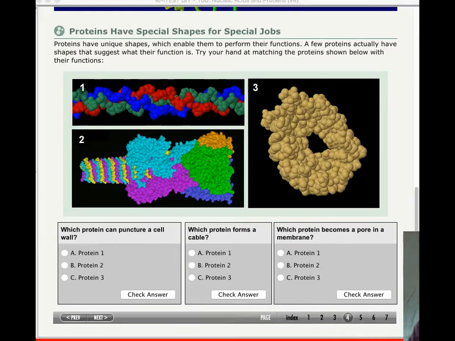So let's look over here. We're supposed to figure out which protein can puncture a cell. Which one kind of looks like it might be designed to stab something? Which one forms a cable? Which one's kind of long and ropey? We know how cellulose is a long molecule that bonds to itself and makes long stringy things in plants.